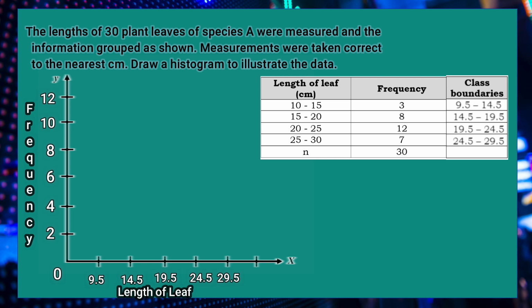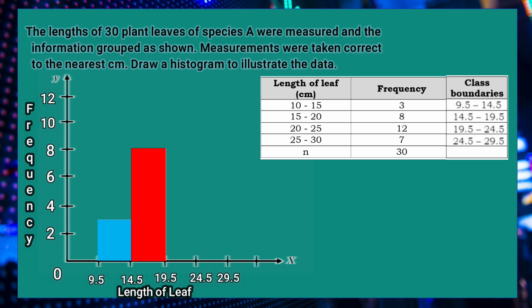After that, we have to mark our frequency above the class boundaries. So for class 1, we have 3 in respect to the y-axis values. Then we can draw in our lines for the first bar and fill it in. Next, mark the frequency for class 2, which is 8 in respect to the y-axis, and draw in the line and fill in the bar.